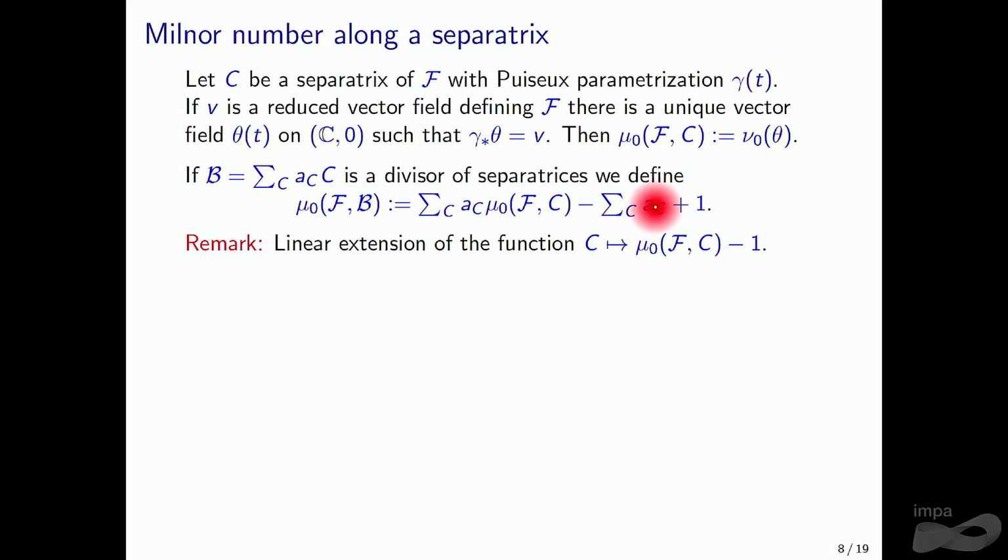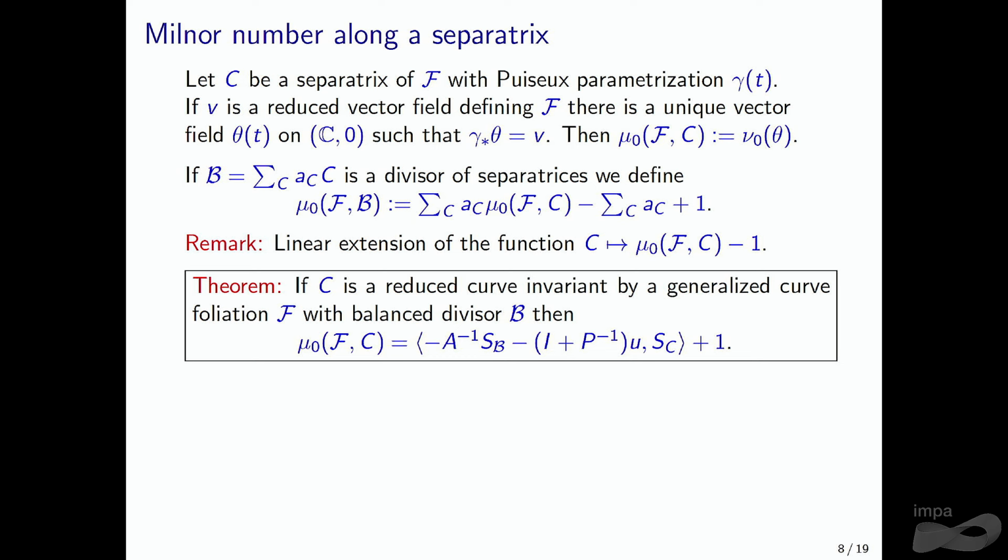So this formula is equivalent to this condition. And the formula for the Milnor number along an invariant curve in terms of the intersection and proximity matrices is given by this expression.